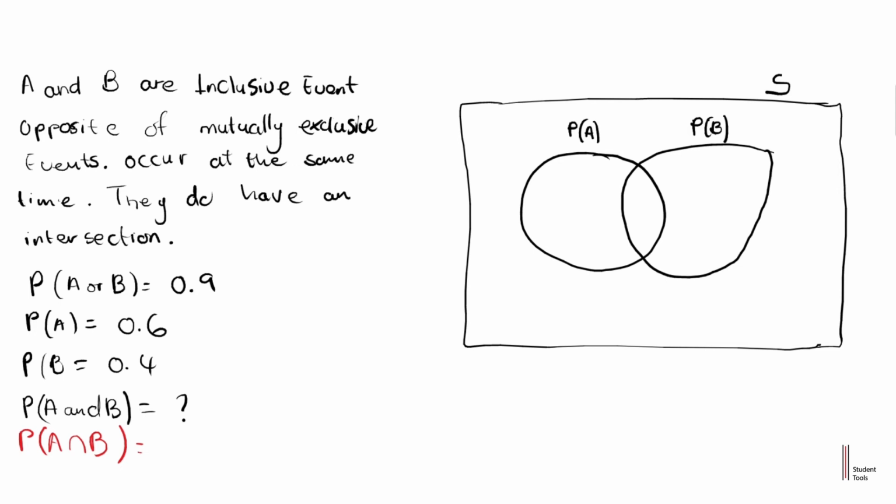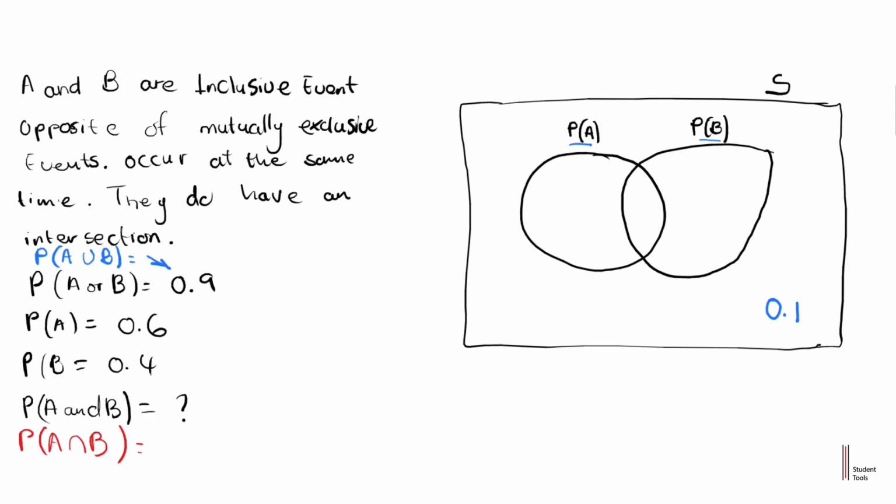Let us go back to the information that is given to us. Let us start with the probability of A or B. We can translate it as the probability of A union B, so that is equal to 0.9. If we have the probability of A union B as 0.9, when we have a sample space of 1, that means out here we have 0.1.